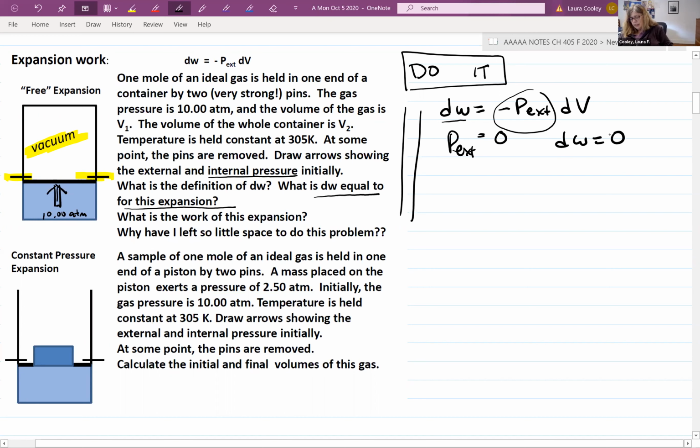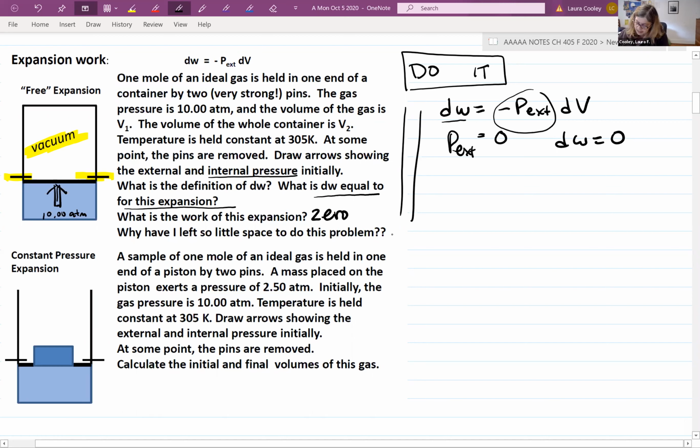So the gas doesn't actually do any work in this situation because it's pushing against 0 pressure. And of course, we assume that very idealized wall has no mass and things like that, but there's no external pressure here, so there is no work done. So the work of this expansion is 0. And why have I left so little space to do this problem? Because there's nothing to do, right?